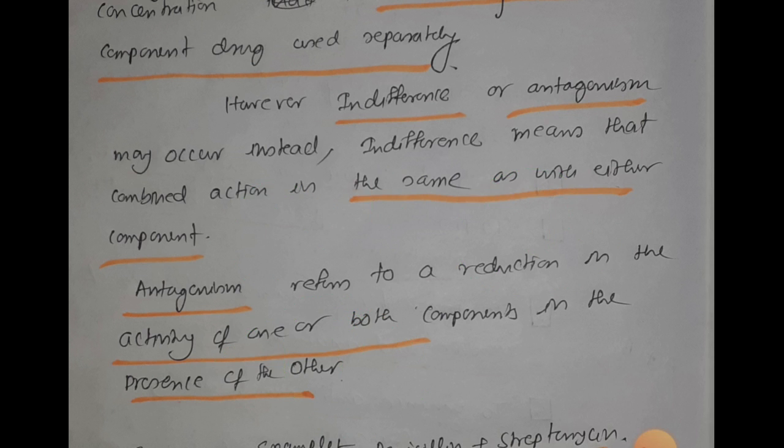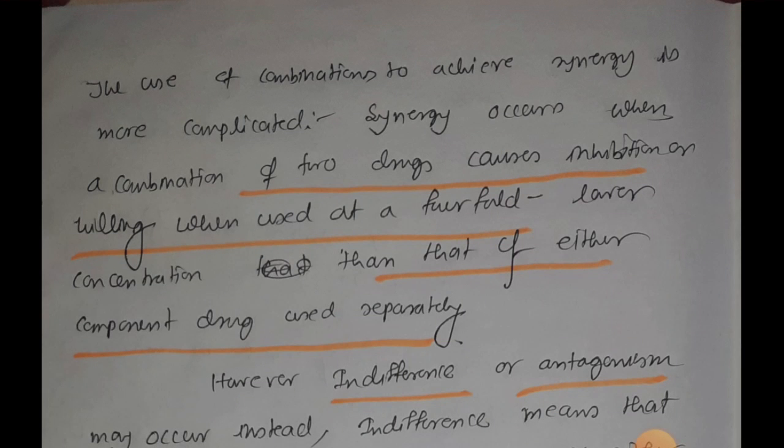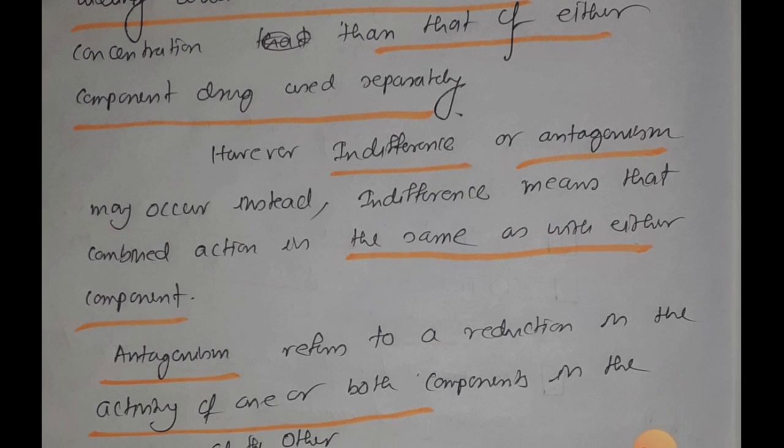Okay, so those are the three things that can occur when we are using antibiotics in a mixture. First of all, synergism, that means two antibiotics will increase their activity in a mixture. Second one is antagonism, they will reduce their activity in a mixture, and it is mostly observed when we are using a bacteriostatic antibiotic and a bactericidal antibiotic together. And the last one is indifference.